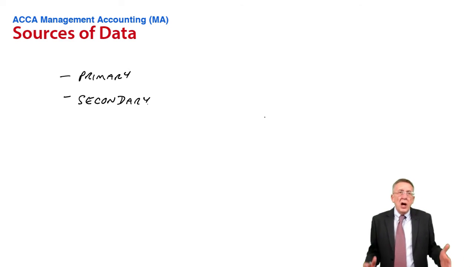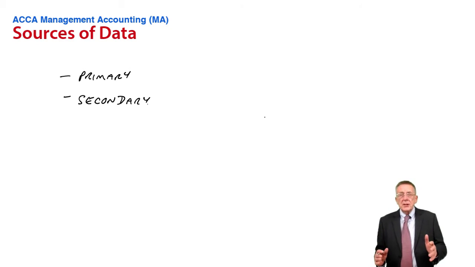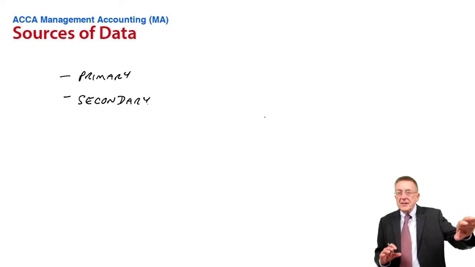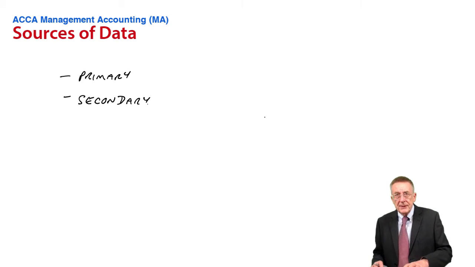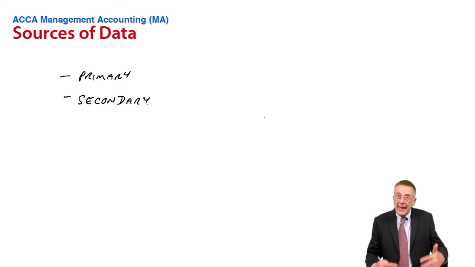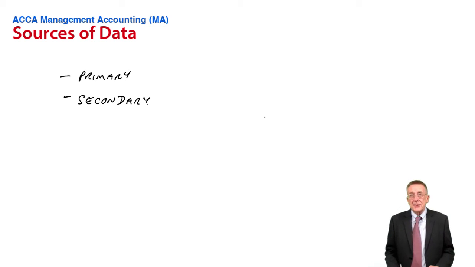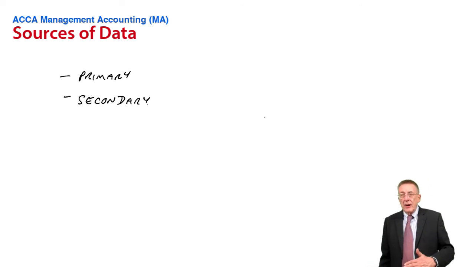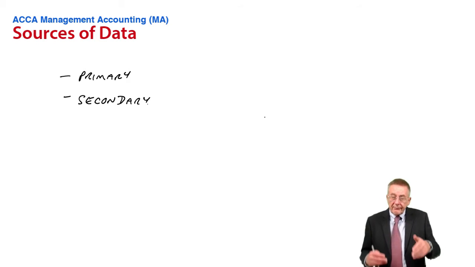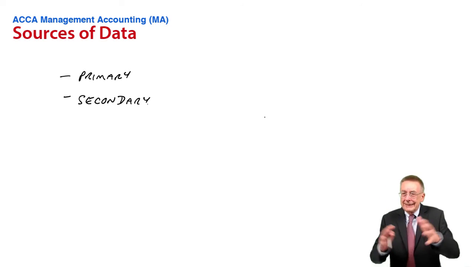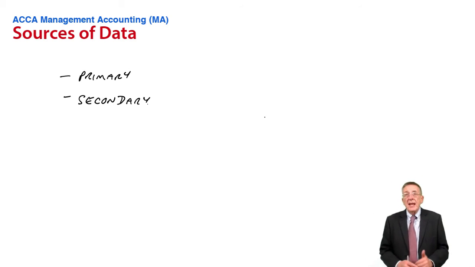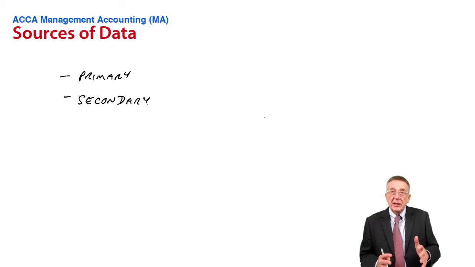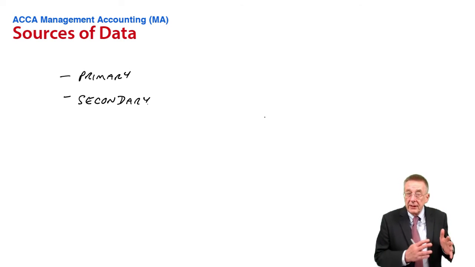So, if I know I'm going to have to prepare a report showing what percentage of our sales go to each of various countries, then I need to collect data on all our sales, find out where every sale was sold to, and then I can put it together, summarise it as a report. And that's primary data. I was collecting the data specifically because I knew we were producing the report.